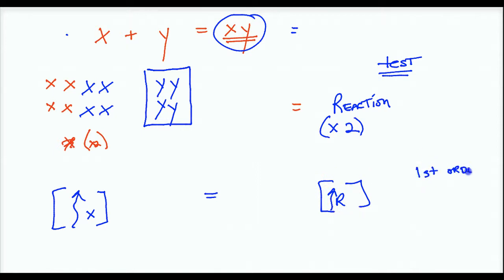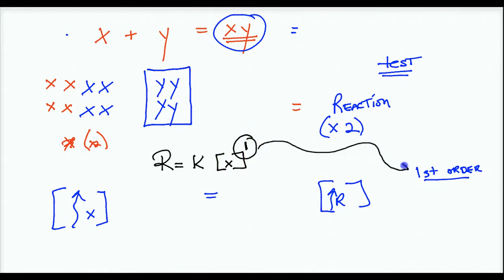Now, first order represents this. We would say that the rate of reaction, okay, we're building an equation that tells us the rate. We would say the rate is equal to some constant, like a proportionality constant, times the concentration of x to the first power. Now that first power means first order.